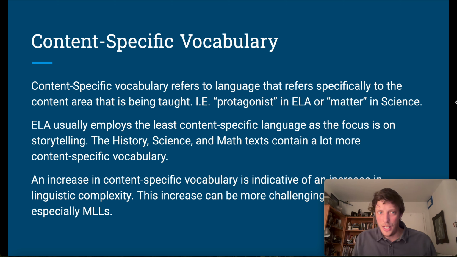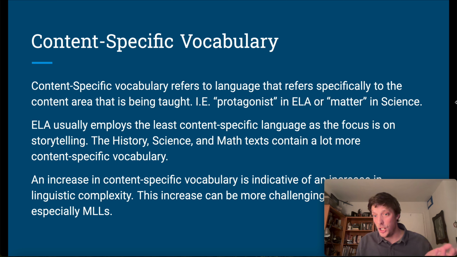English language arts employs the least content-specific language across content areas because the focus is mostly on storytelling. And there's less emphasis on the imparting of knowledge and new terms. As you might guess, an increase in content-specific vocabulary is indicative of an increase in linguistic complexity.